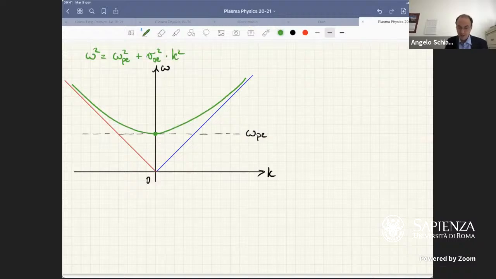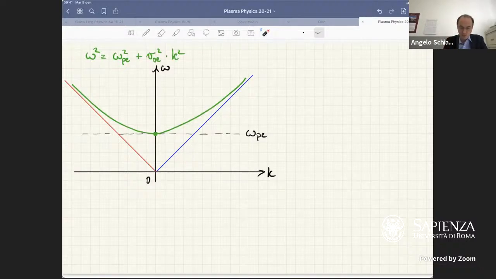Okay, so we see that, and we'll take over from here next Monday. We see that for very large k, so for very short wavelengths, the plasma is becoming a non-dispersive medium, and the waves are traveling at V0e, this characteristic speed of the electrostatic waves in plasma.